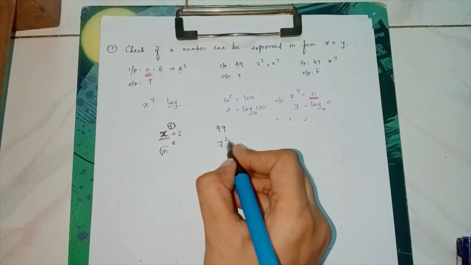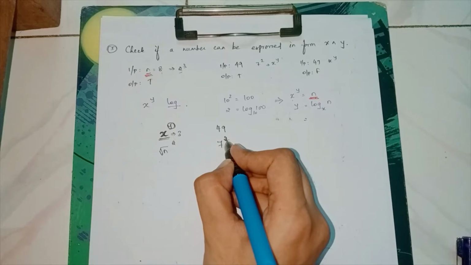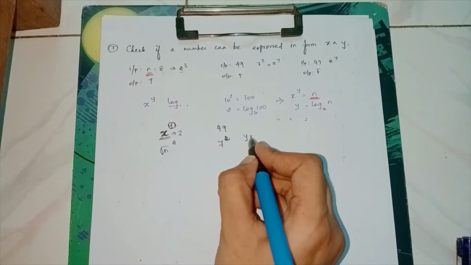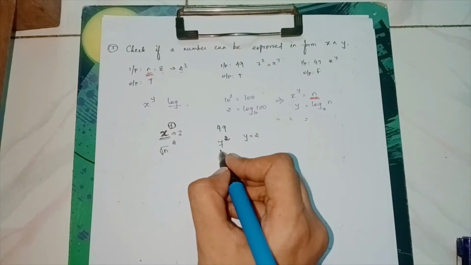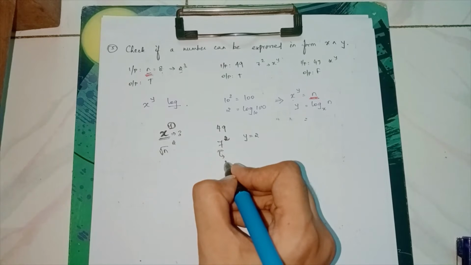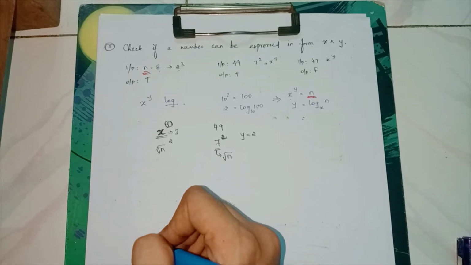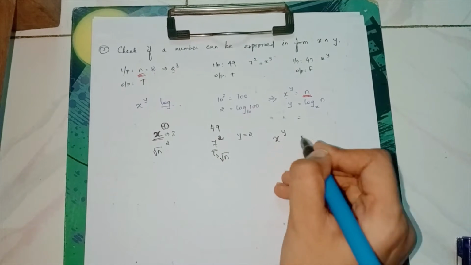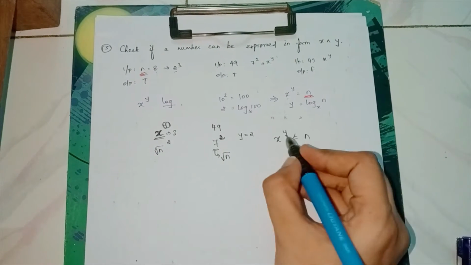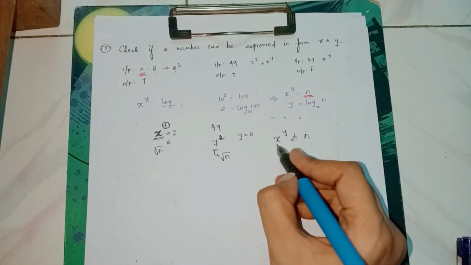For example, 7 square. This can at most, its minimal value will be 2. That is, y's minimal value will always be 2, and x's maximal value will always be the square root of the number, right? For a number to be written in the form x power y, I am trying to find out the base values of x and y.